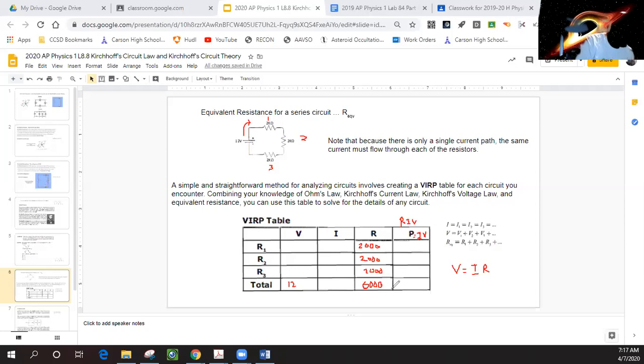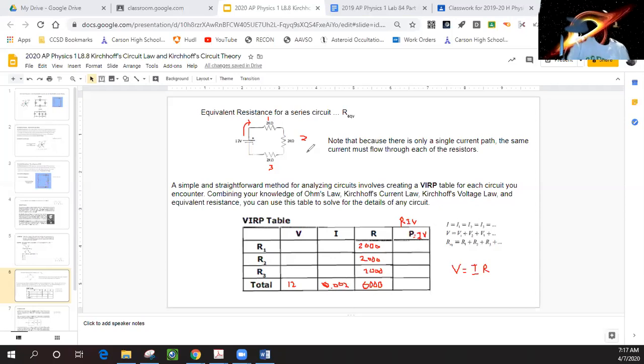Let me do that on a calculator. 12 divided by 6,000 equals 0.002 amps here.